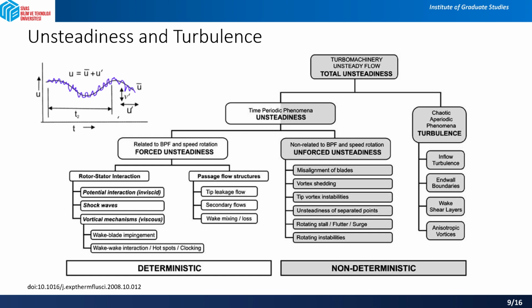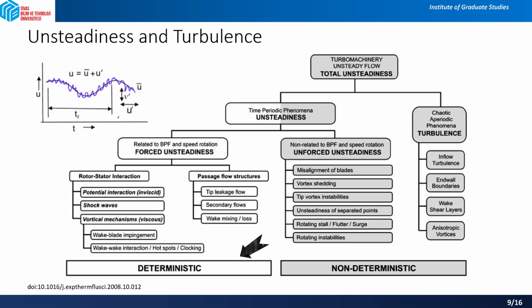If it is fluctuating, you cannot determine how it is fluctuating. You just measure it and see that they are fluctuating around this mean value, and at any point in time you can see what the fluctuation is, but you cannot determine it. That's why it is in the non-deterministic part of this chart.